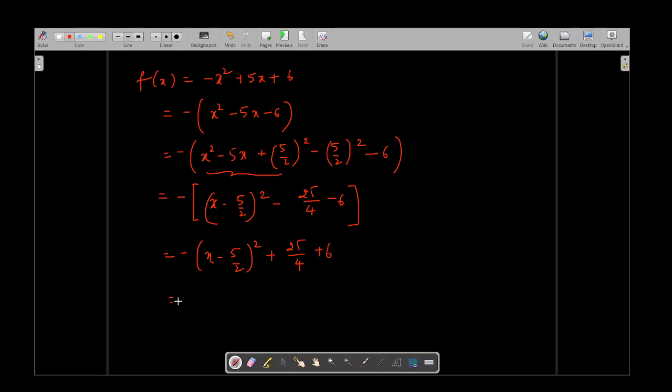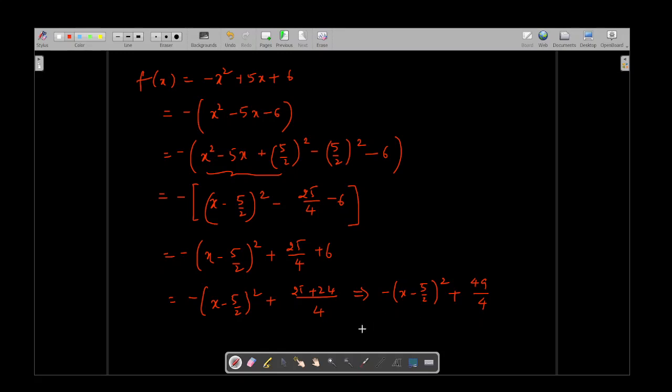So this further I can write minus of x minus 5 by 2 whole square plus 25 plus 24 by 4. This implies minus of x minus 5 by 2 whole square plus 49 by 4.